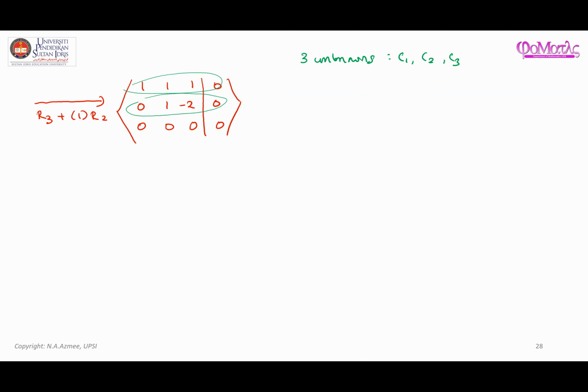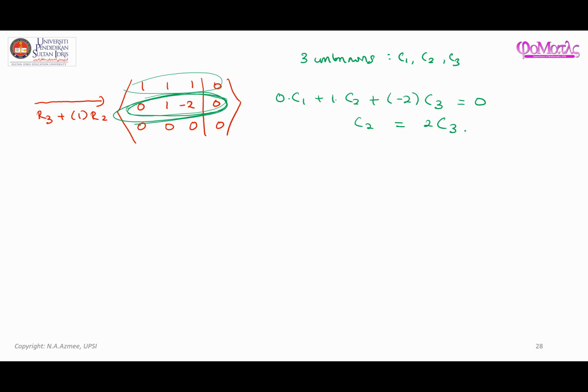So there will be one free variable to be part of the solution. If you consider this part here, it basically says we have 0 times c1 plus 1 times c2 plus negative 2 c3 is equal to 0. So c2 is equal to 2 times c3.